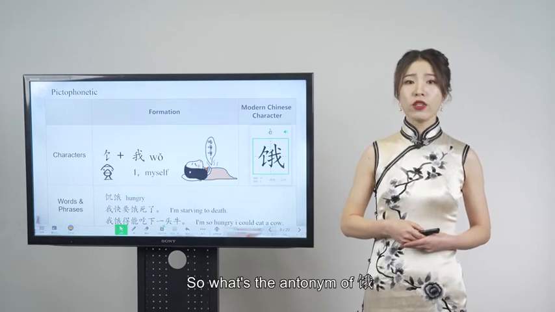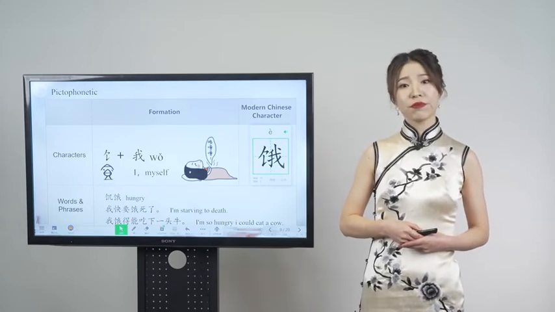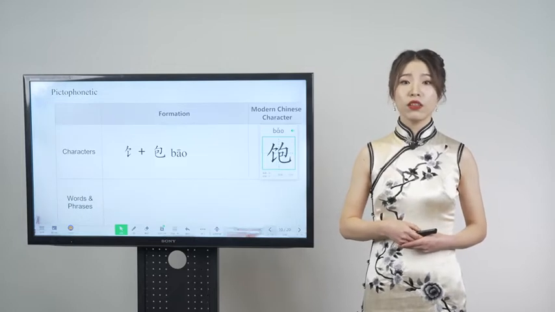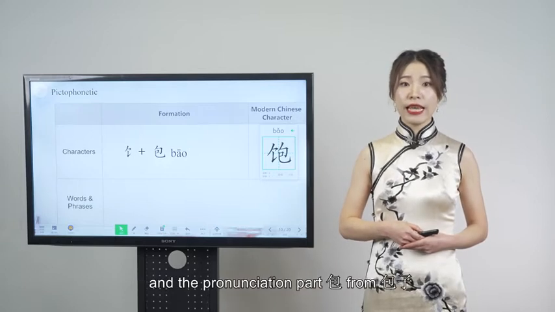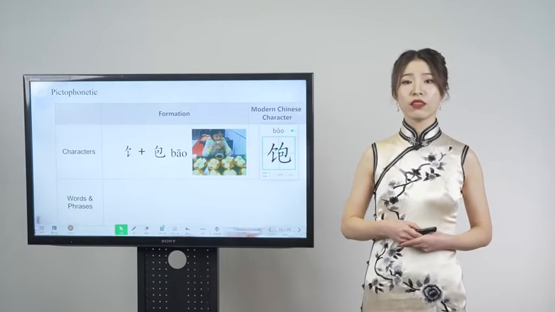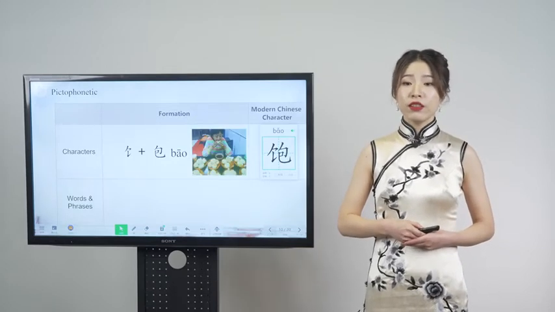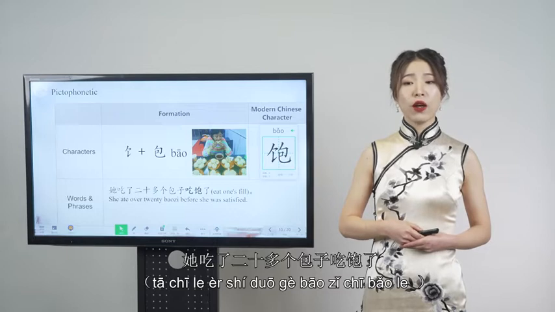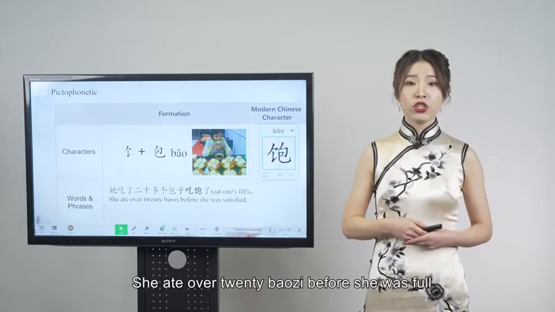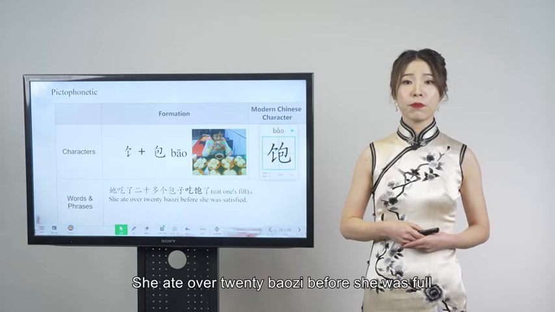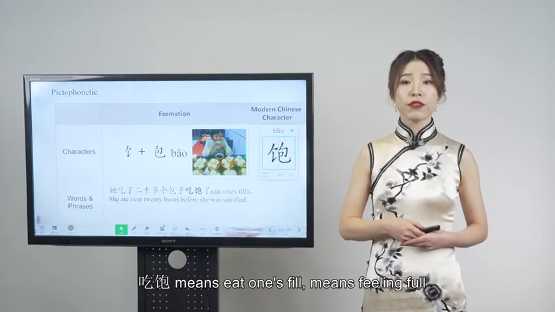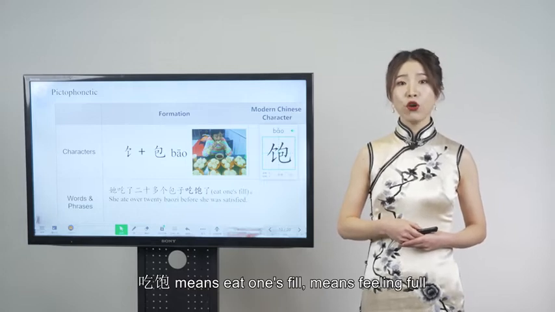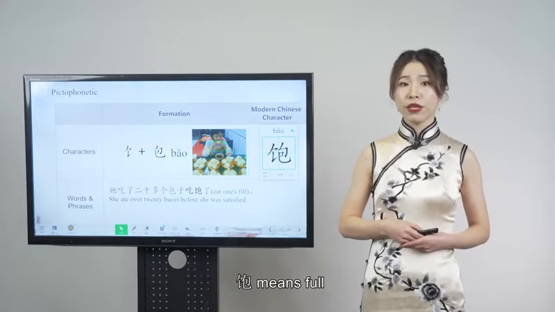So what's the antonym of 饿? 饱. The character consists of the component 食 and the pronunciation part 包 from 包子. For example, 她吃了20多个包子，吃饱了. She ate over 20 包子 before she was full. 吃饱 means eat once fill, means feeling full. 饱 means full.